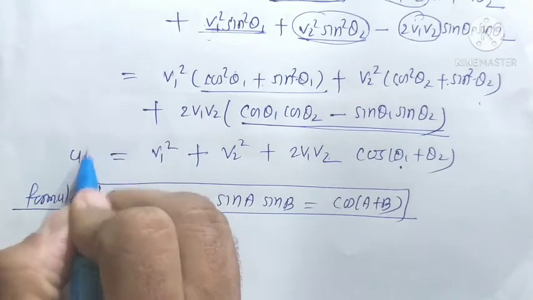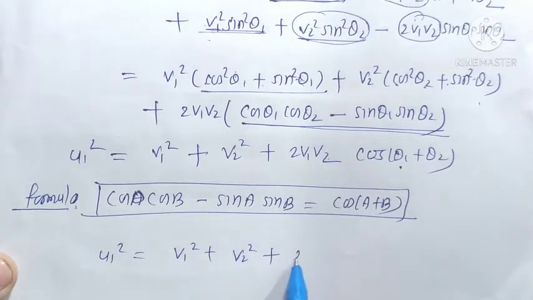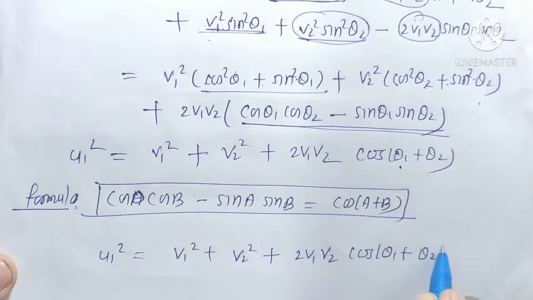So finally u1 square = v1 square + v2 square + 2 v1 v2 cos(theta 1 + theta 2).